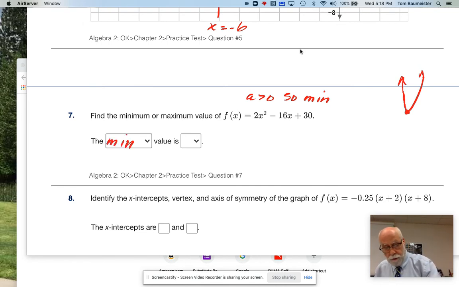Okay. Remember, to find it, it has to be the y value. So you have to find the x value first. So x is equal to negative b over 2a. So our b is negative 16.